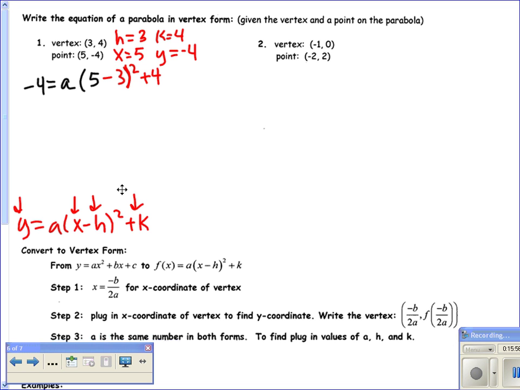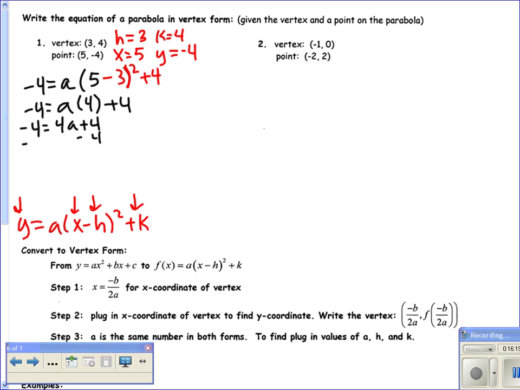So now all I have to do is solve this equation. When I do that, I get negative 4 is equal to a. 5 minus 3 is just 2, and 2 squared is 4. So really we have 4 here times that a plus 4. So then if I rewrite that, negative 4 is equal to 4a plus 4.